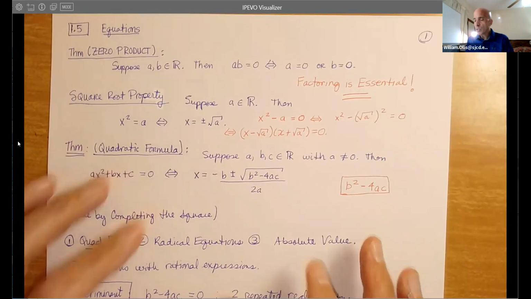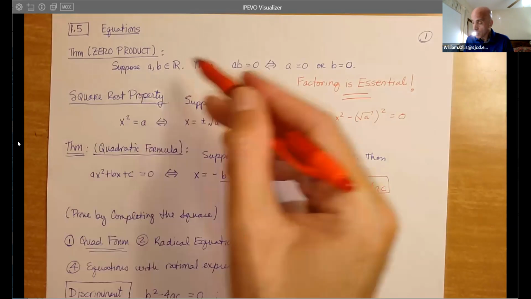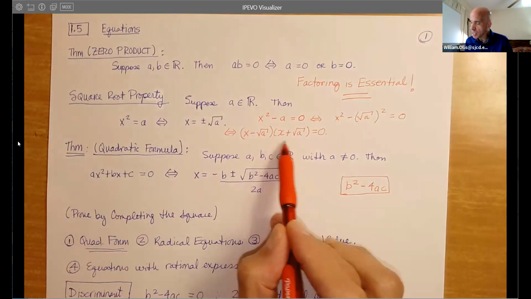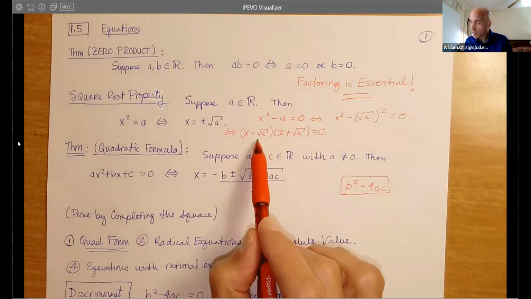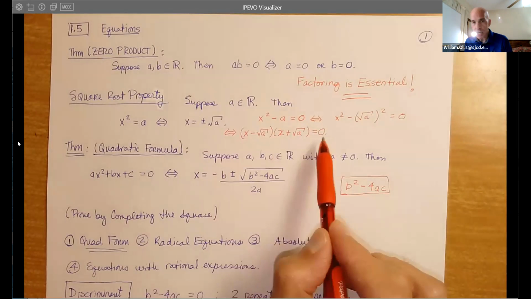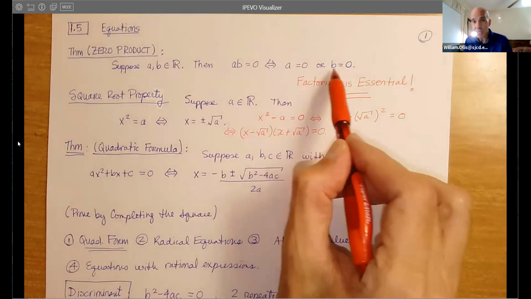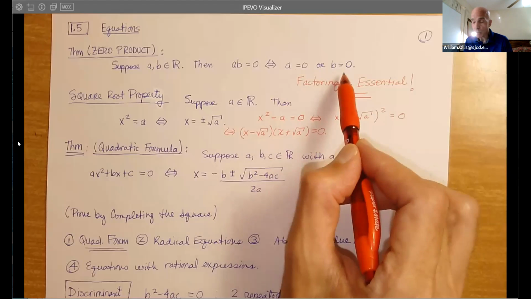So when you see these results, most of the justifications are well within your reach. And so now you see this and you say, oh, we've got zero product. That is, we have the product of two expressions equals 0. So this will say that at least one of them must be 0. At least one of these factors must be 0.